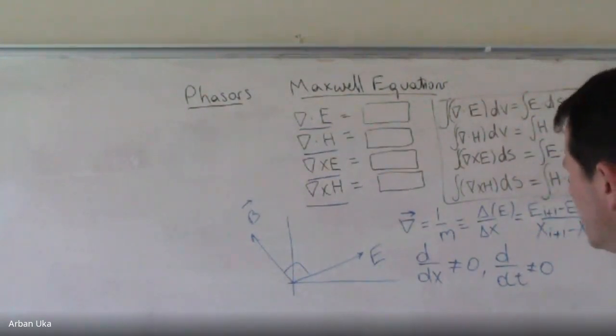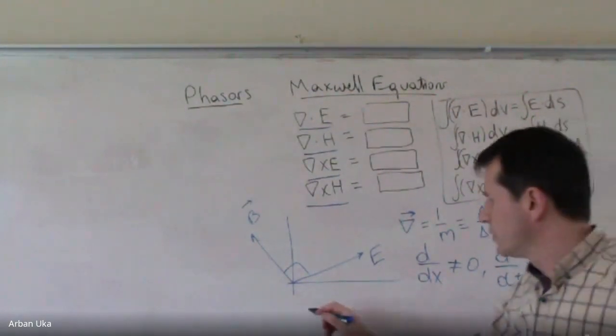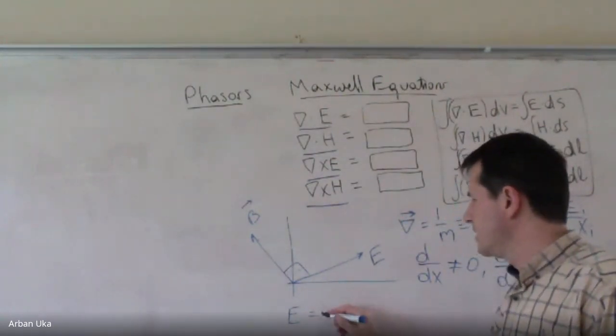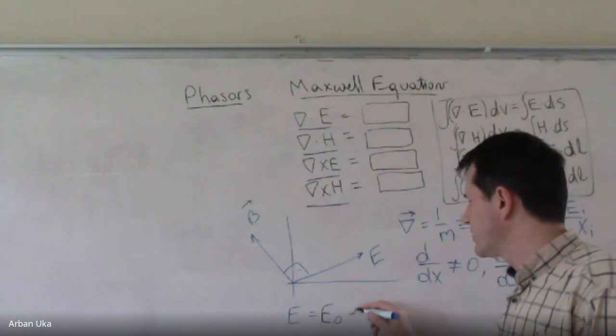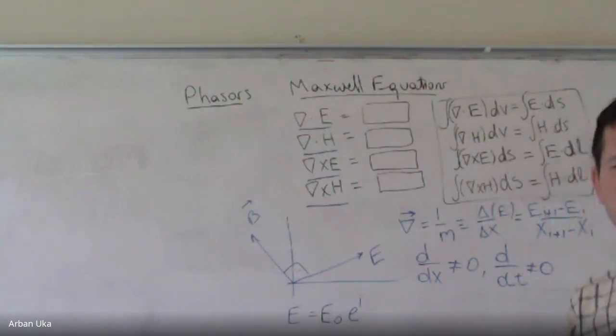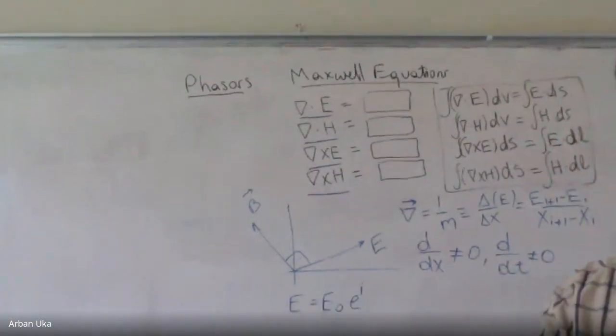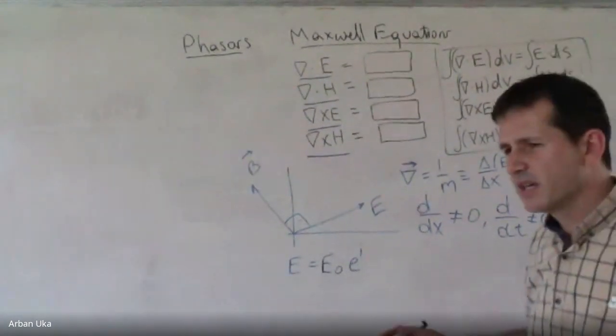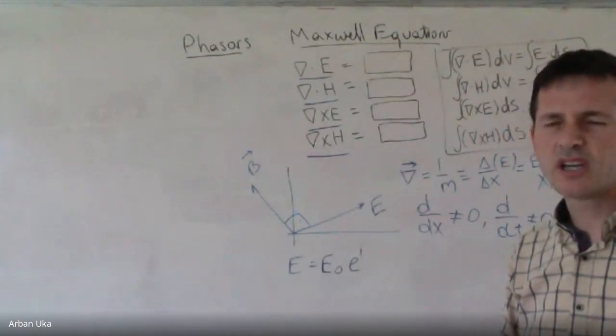So given this, we mean the following. The electric field, we can represent it as E0 times e to the power j. So we have the exponential term, but these electric fields are not going to exponentially increase or exponentially decrease. For sure, they should not exponentially increase.